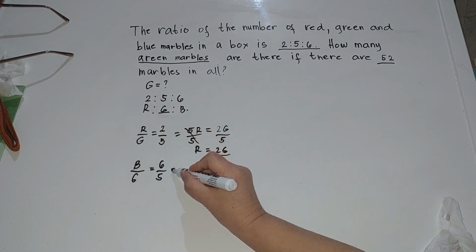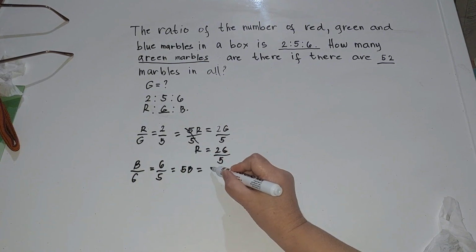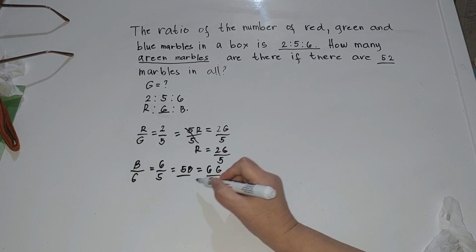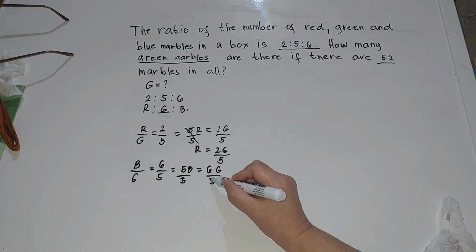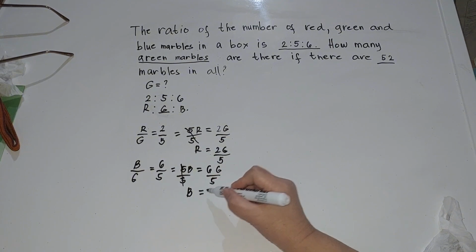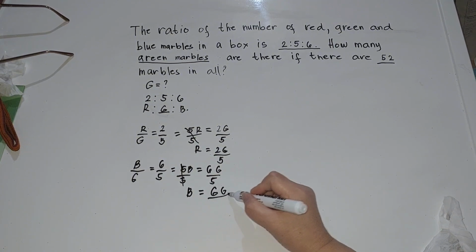Cross multiply. This is 5B is equal to 6G. Divide both sides by 5 to cancel this one. So B is equal to 6G over 5.